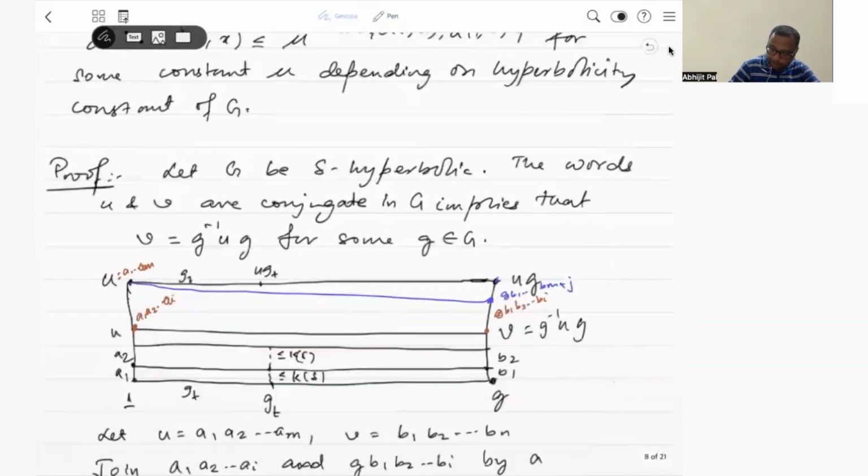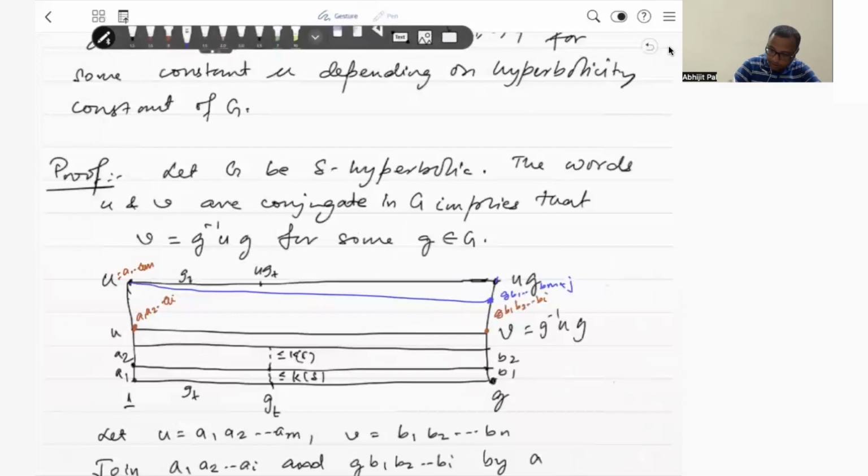If I take some point g_t prime here, and this vertex is your A1, the distance between A1 and g_t prime is exactly equal to t, which is equal to the distance between 1 and g_t.